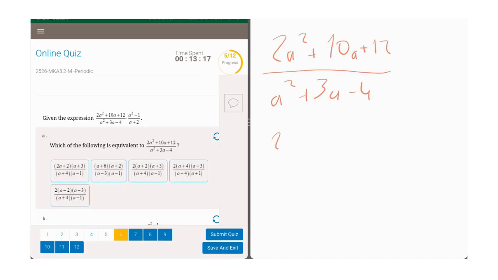So we factor using the box method, 2a and a. Let's try 6 and 2. So it will be 4a and 6a, so you can add them both. So that means the numerator will be 2a plus 6 into a plus 2.